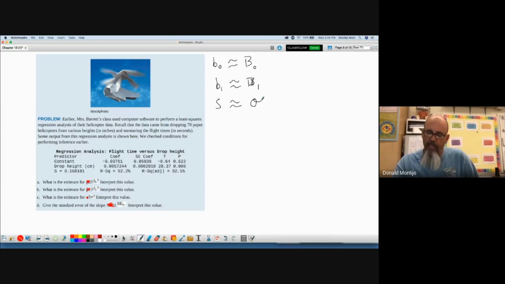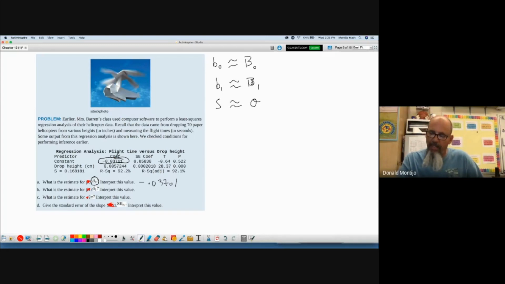So what is the estimate of the true intercept? Well, the estimate for the true intercept is negative 0.03761. I get this from reading the printout.